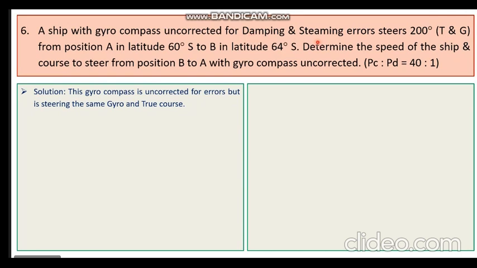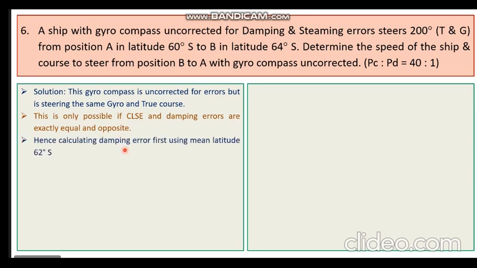That's only possible if both these errors are exactly equal and opposite to each other, thus cancelling out and making the gyro error zero. So the gyro compass is uncorrected for both the errors, but is steering the same gyro and true course. This is only possible if the CLSE, steaming error, and damping errors are exactly equal and opposite. Now we have the information to calculate the damping error.